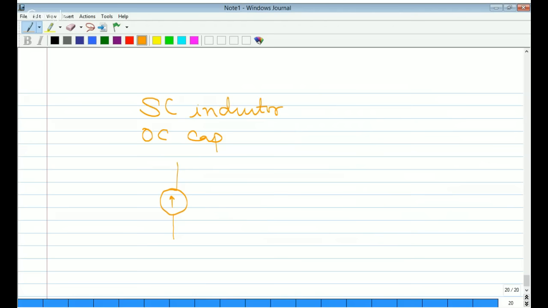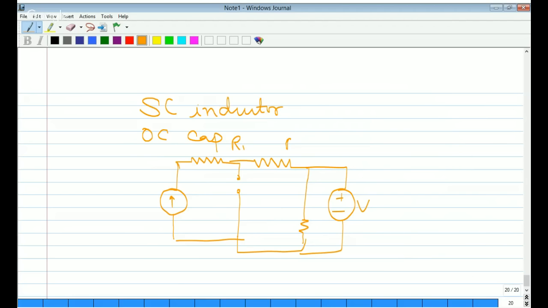I'm talking about steady state. This will be the circuit that will remain. Then this can be solved by basic network analysis directly. R1, this one is R2, this one is R3.